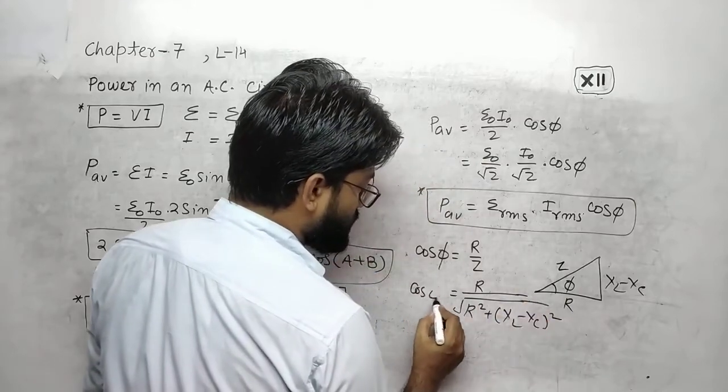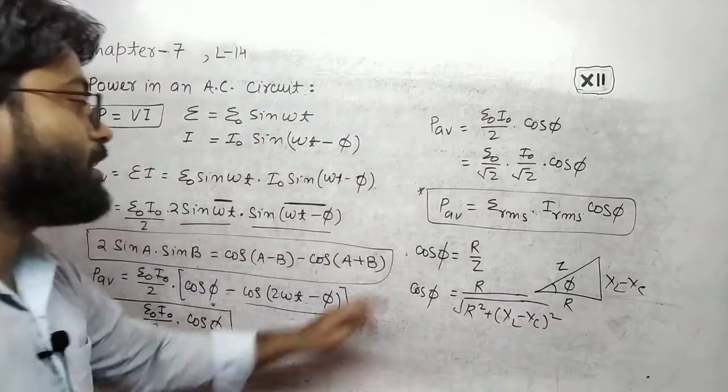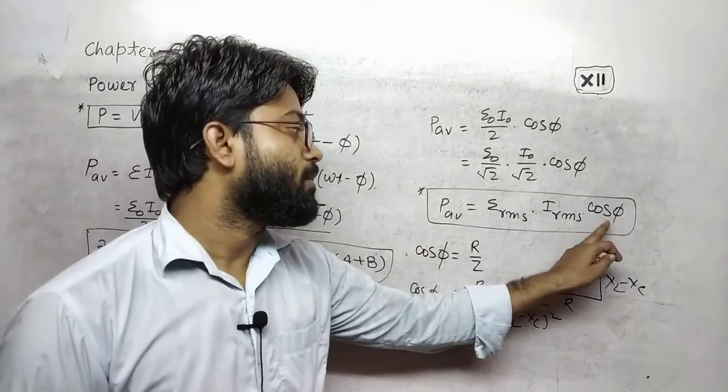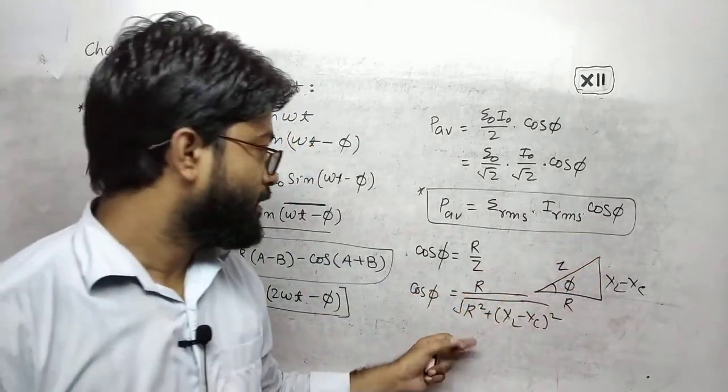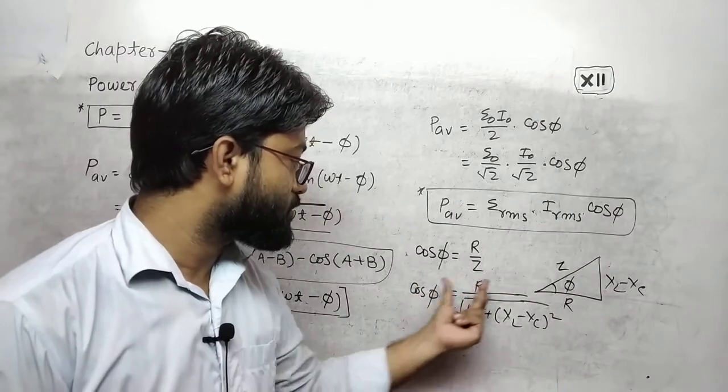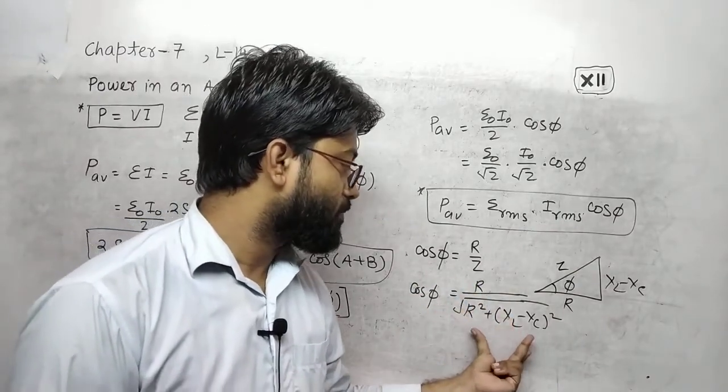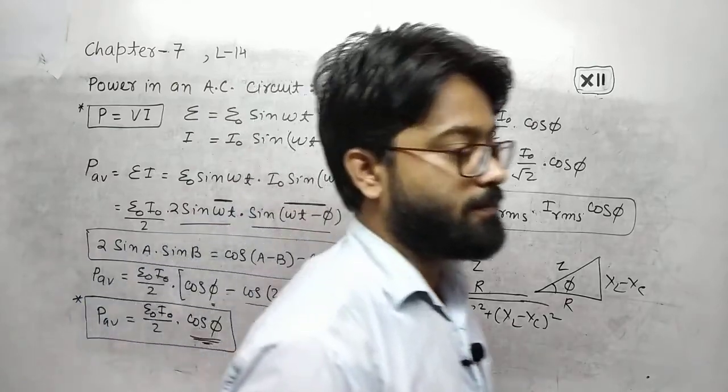So power will also depend upon the initial phase angle. Cos phi equals R by the square root of R square plus (XL minus XC) whole square.